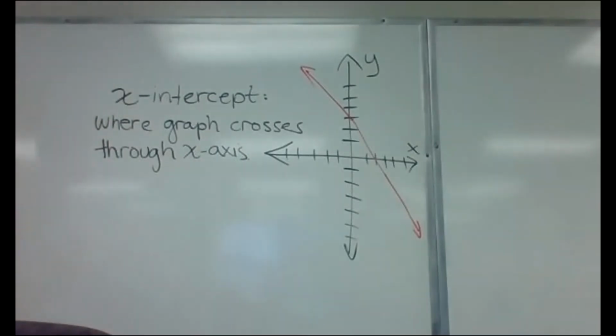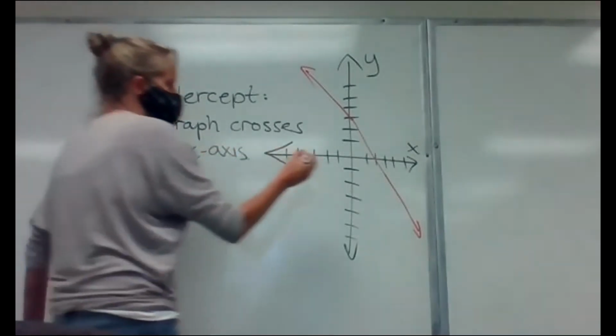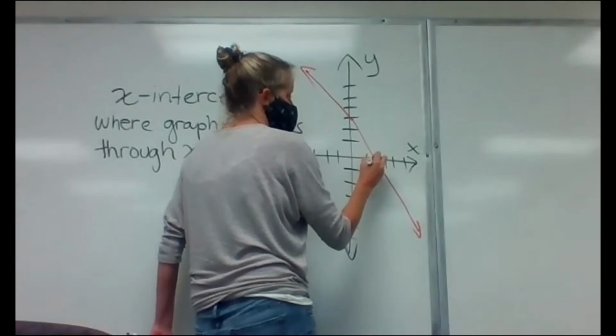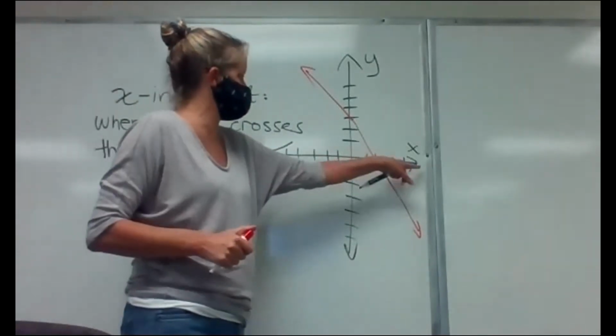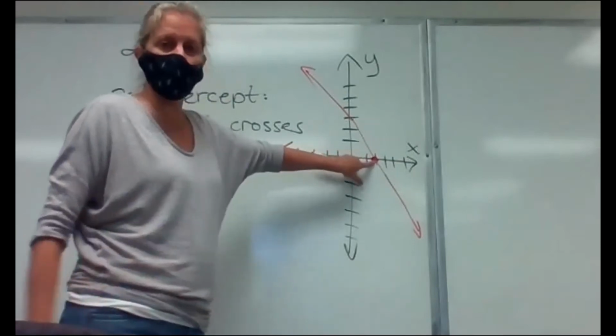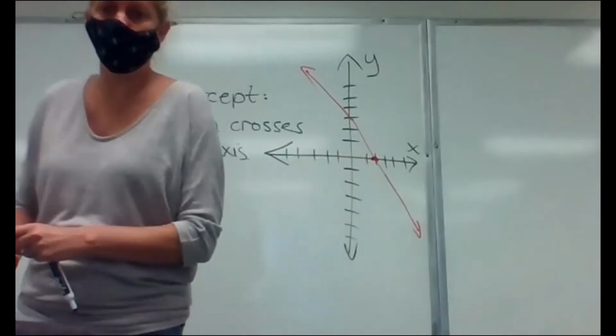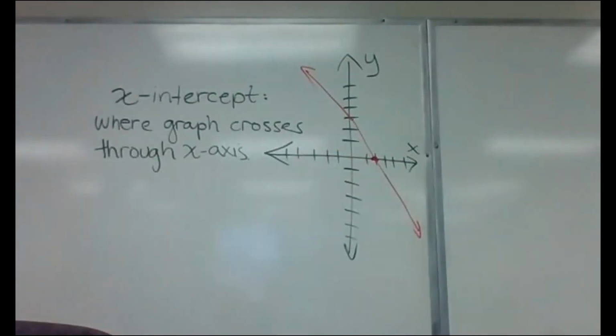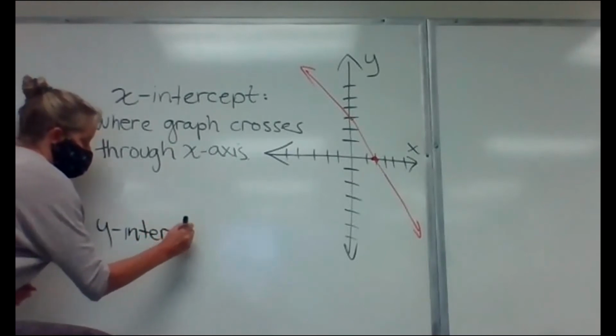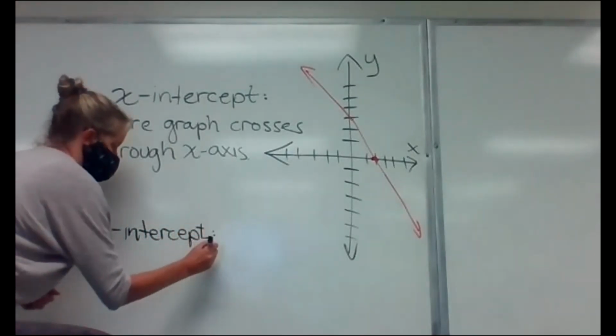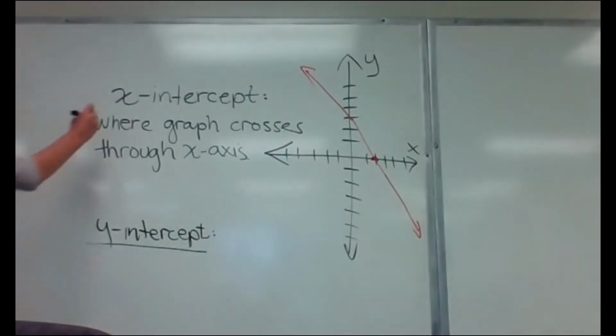So on this particular graph, the X-intercept would be right there, right? That's where it crosses. Here's my X-axis. That's where the red line crosses through it, at that point. The Y-intercept, same concept.